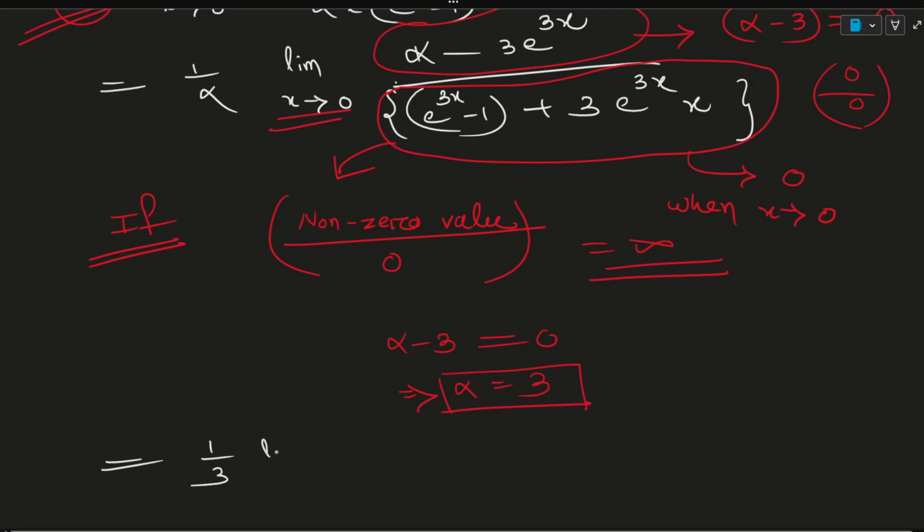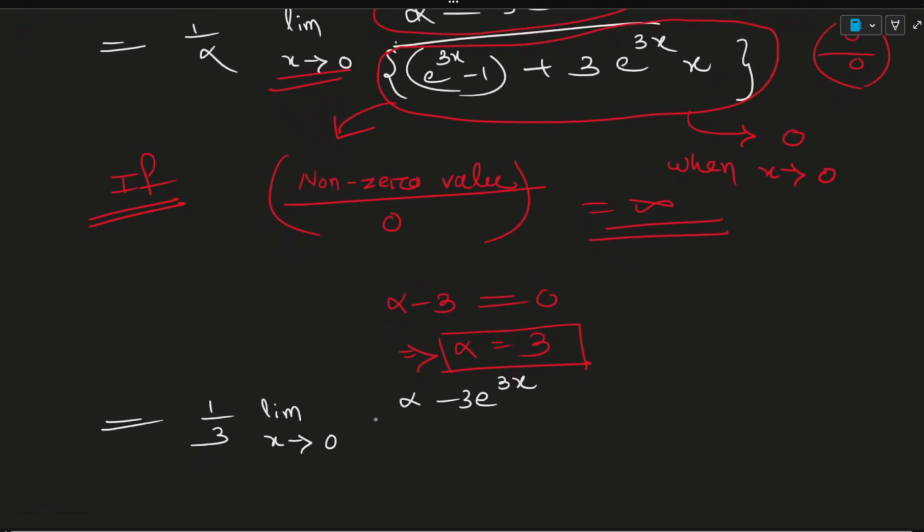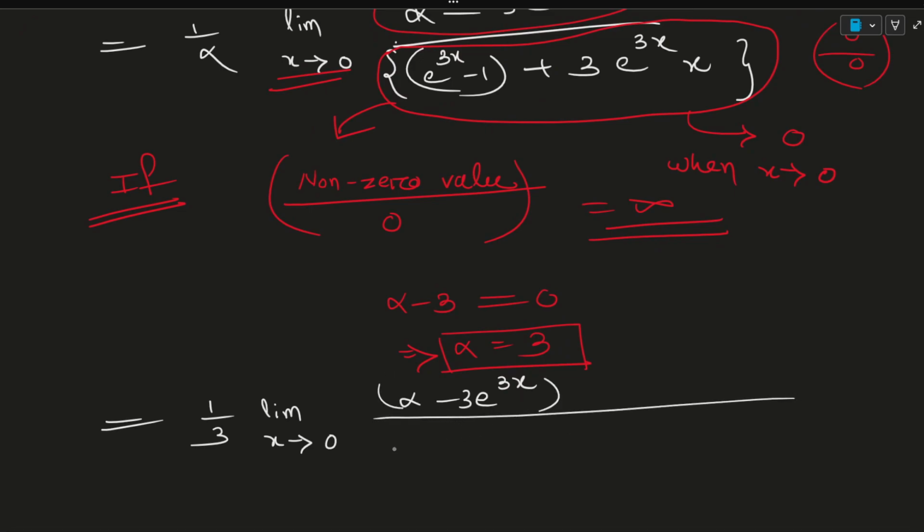We can write limit x tends to 0, alpha minus 3 into 3x e to the power 3x we are given, then e to the power 3x minus 1 plus 3x e to the power 3x.